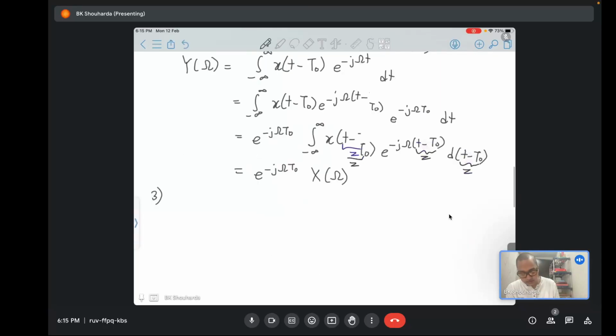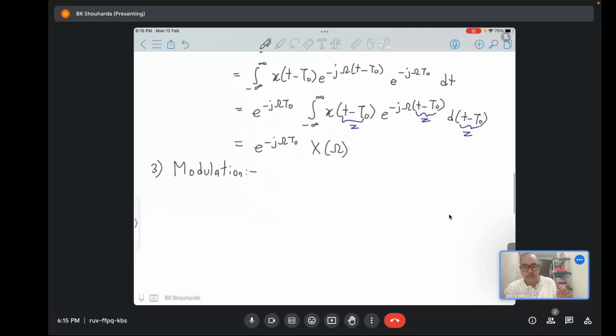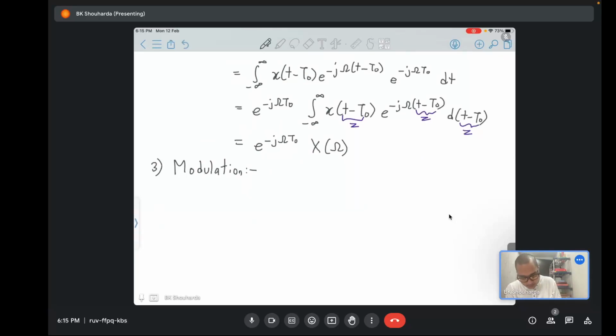Now let's look at something called the modulation property. I'll not talk about real modulation, I'll talk about complex modulation now. What does complex modulation mean? Let's suppose I multiply my signal x of t with a complex exponential, that is e to the power j omega naught t, whose frequency is fixed at omega naught.